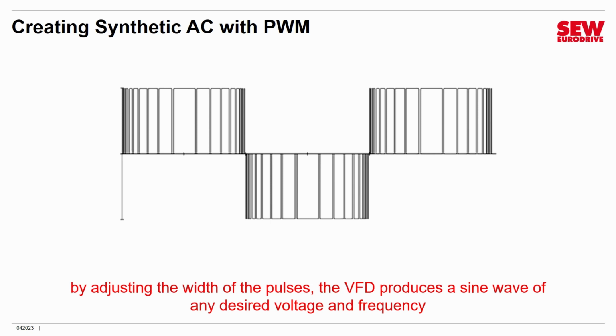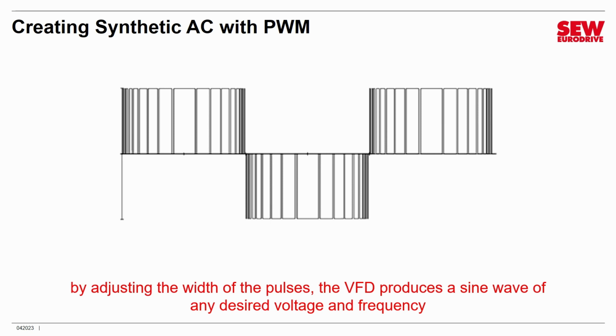What we do is we adjust the width of the pulses. You notice they just go between on and off. They don't have any intermediate voltage values. It's just on or off completely. But the time they're on and off varies, and so that's the pulse width. So we're varying the pulse width.